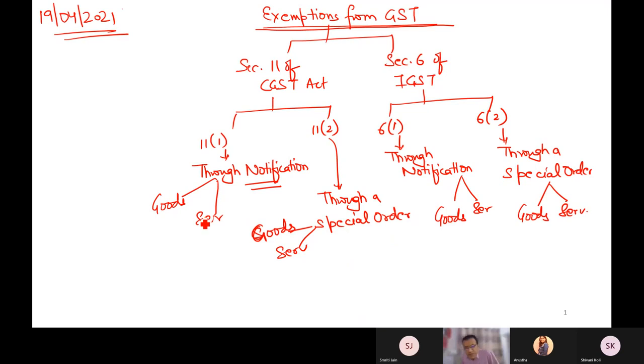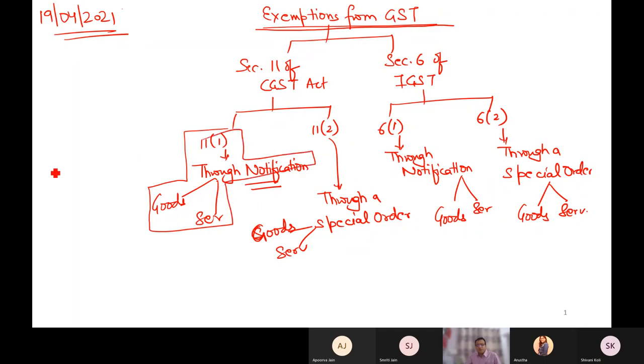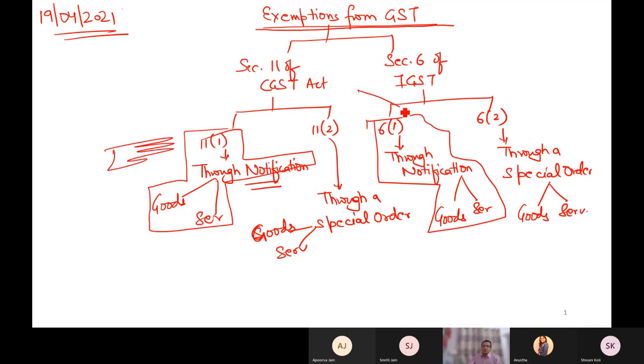So what I will discuss with you is the supply of those goods which has been made exempt through notification, whether it talks about intrastate supply or interstate supply. So my first discussion will be on these two sections. Exemption through notification.